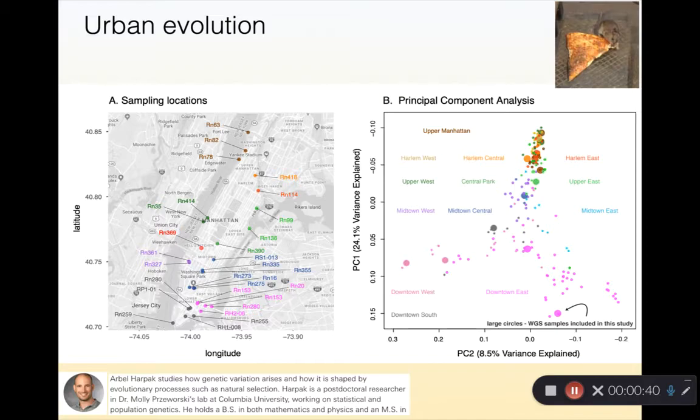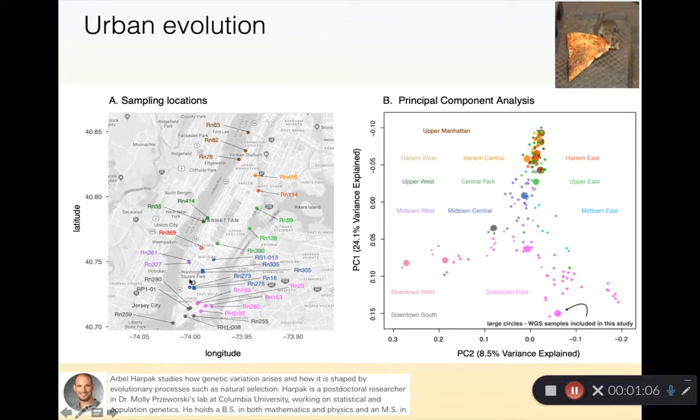So in your book, you're given this great system looking at mice throughout New York City and understanding how their genetics and their populations have divided throughout the city. And recently, there's actually been a study that's very similar, looking at Norway rats, or the urban rat, or your common pizza rat, if you will.